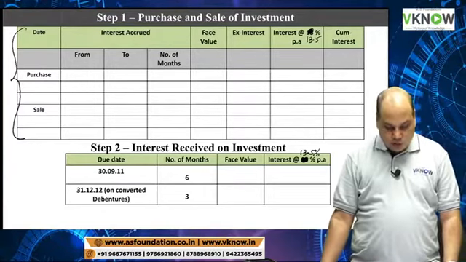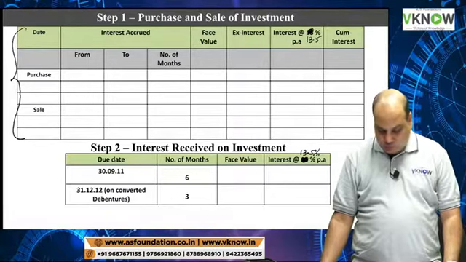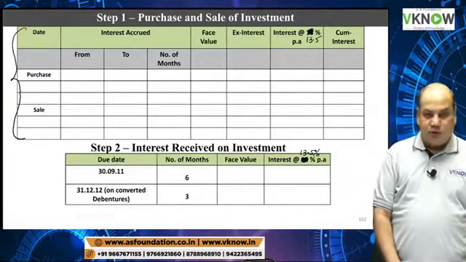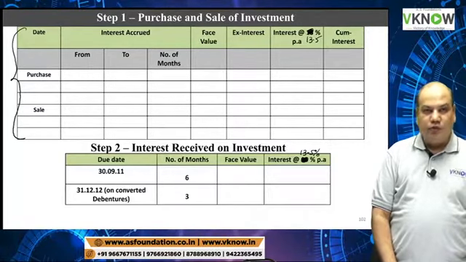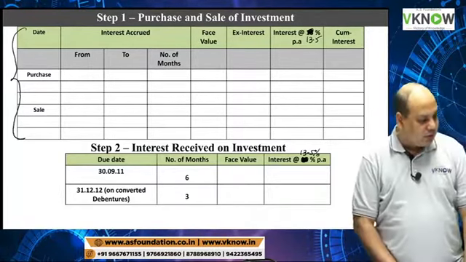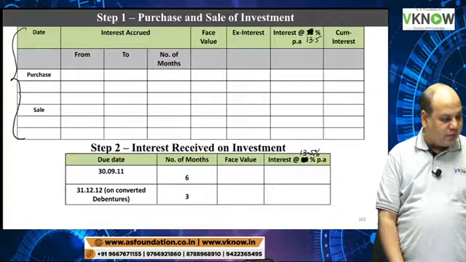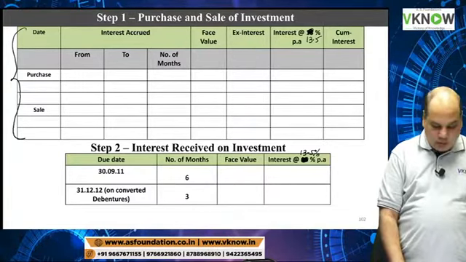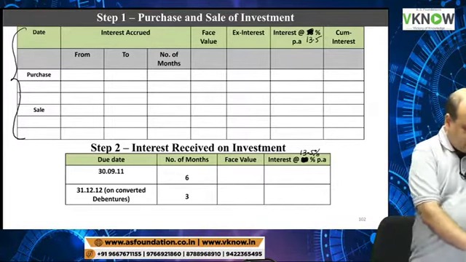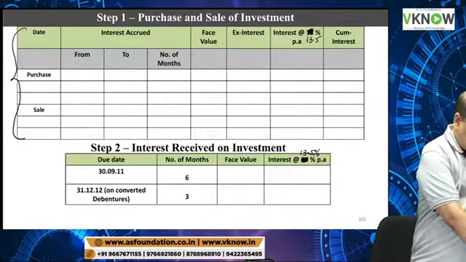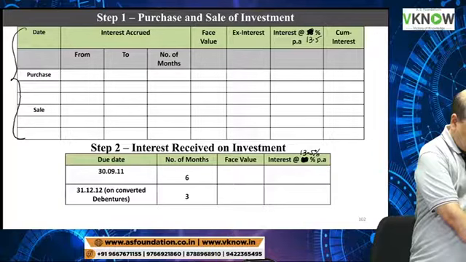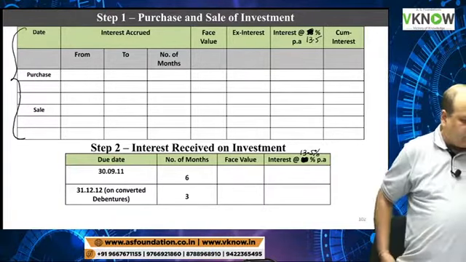Columns: date, interest accrued from, to, number of months, face value, interest at the rate of 13.5%, interest amount.